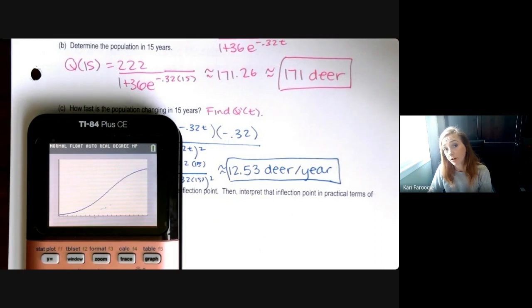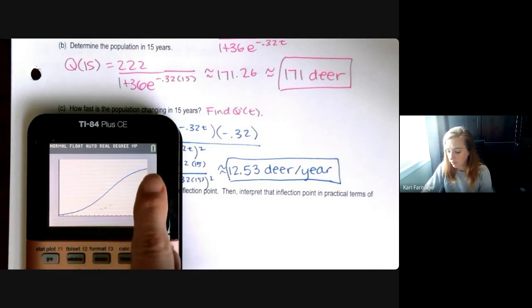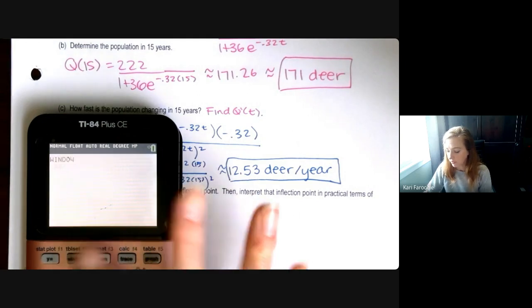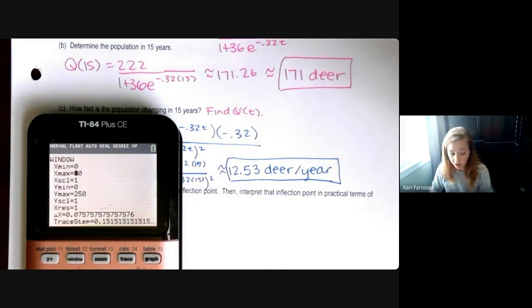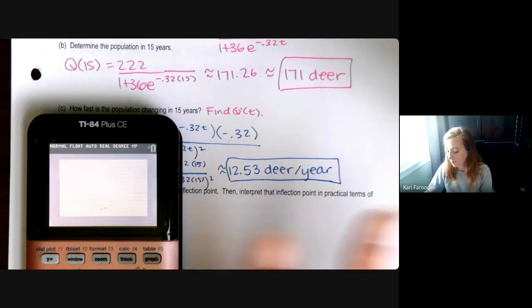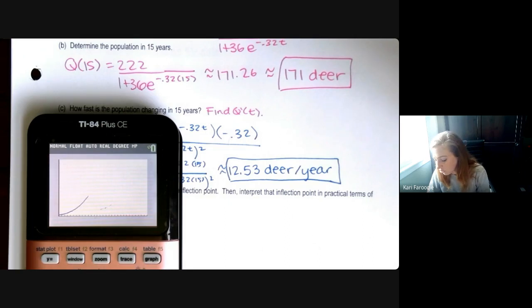I need more values on the x-axis. I can tell because there's a leveling out that's happening, but there's a little bit more that I want to see. So I'm going to go back to my window. Maybe you can take this out to like 30, at least 25. Let's go to 30. I might not need that much. We'll see.